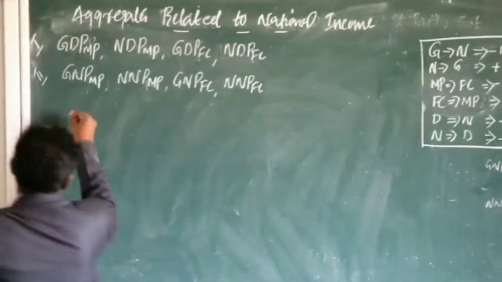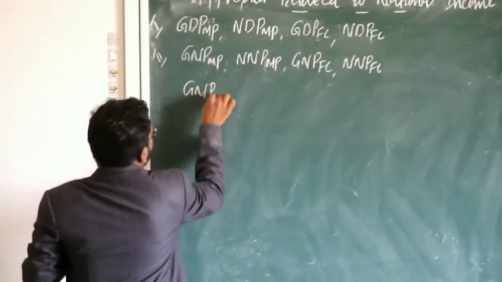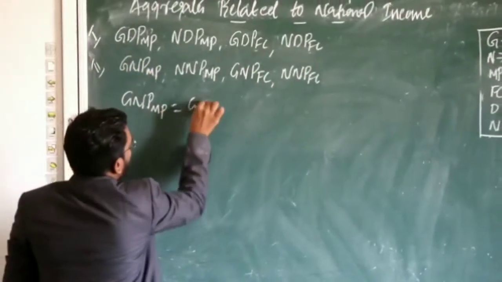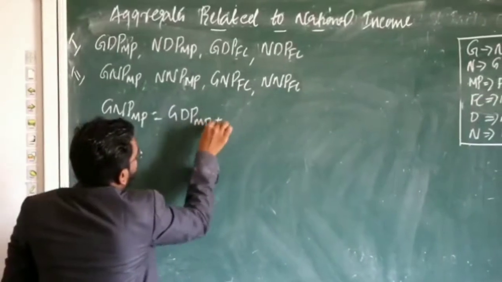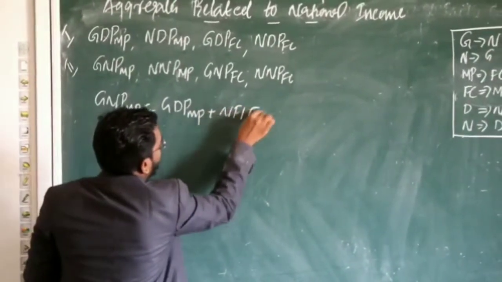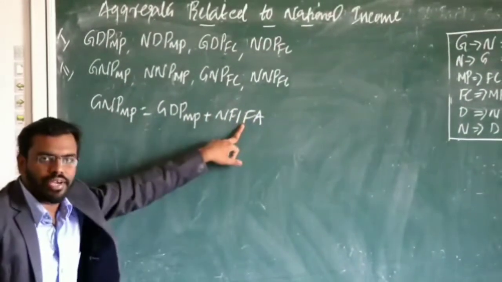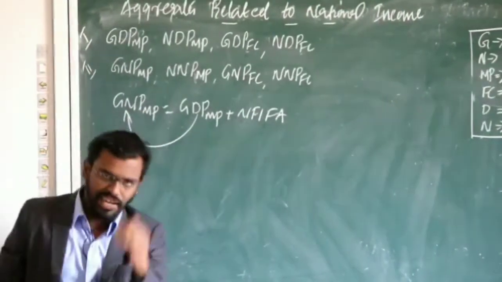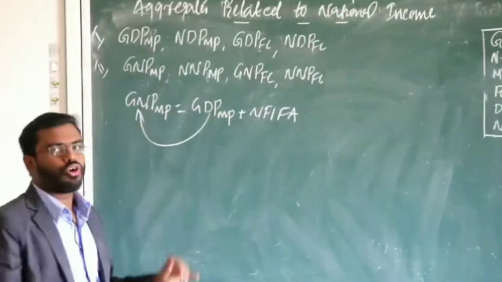So GNP-MP is equal to GDP-MP plus NFIFA. If we add NFIFA, then this D will change into N.